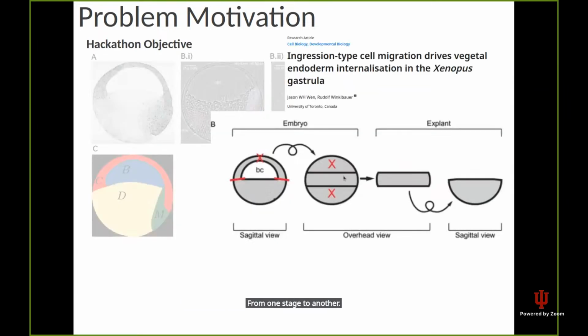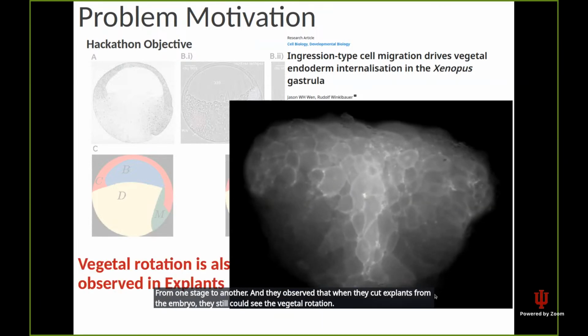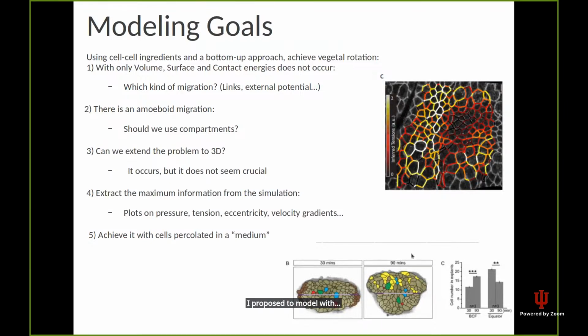They observed that when they cut explants from the embryo, they still could see the vegetal rotation. So it's not something that depends on the rest of the migrating tissues, but happens by itself. These cells are active, and this is something I propose to model with CellPods and CompuCell.